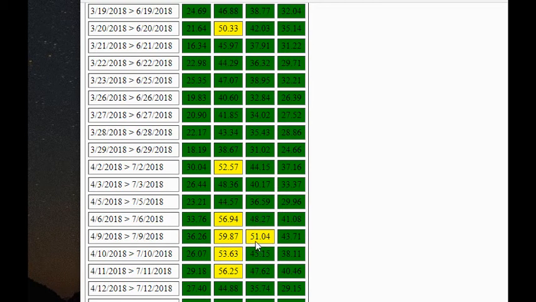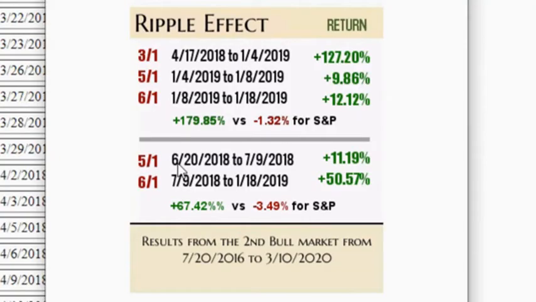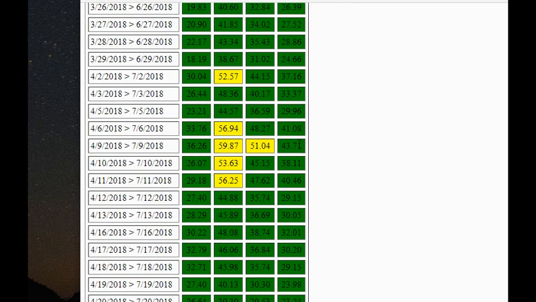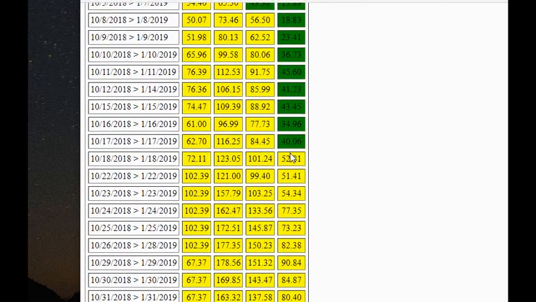We trade it till it makes a 50% gain, and it did that on 7/9/2018. So you can see we've accounted for that here, 6/20/18 to 7/9/2018, and in that time period it made 11.19%. Okay, so now that the 5-1 is hit, now it's time to trade the 6-1 again. All right, now we're going to wait for the 6-1 to hit a 50% return, and then we come down here and finally the 6-1 hits on 1/18.